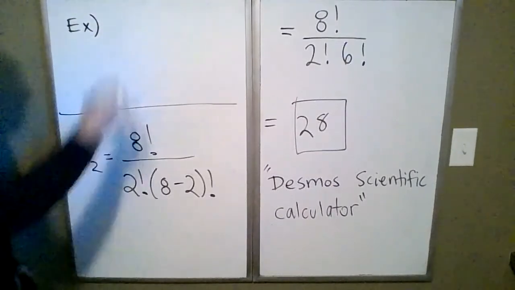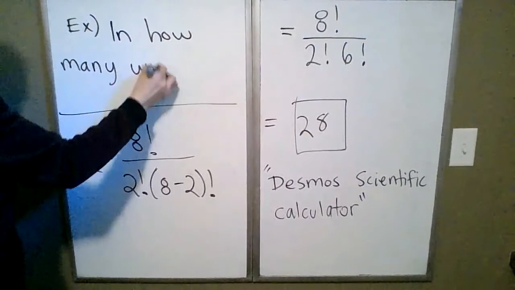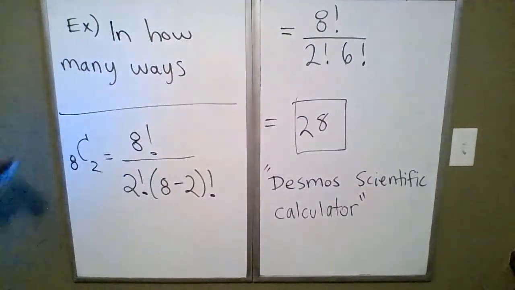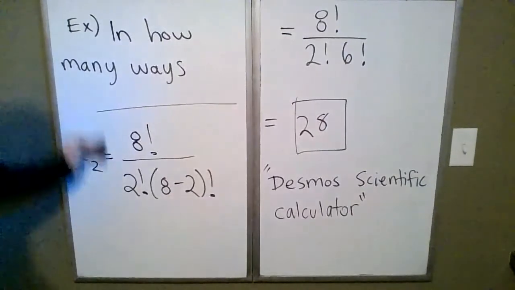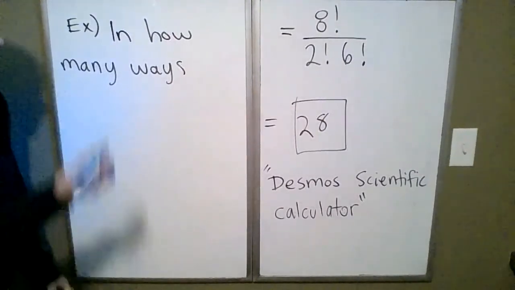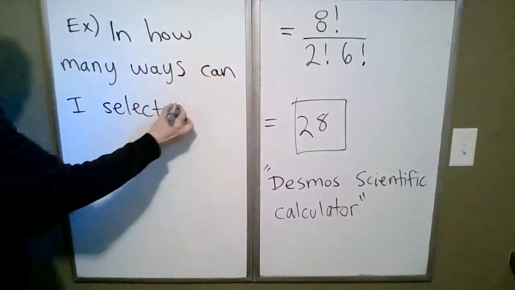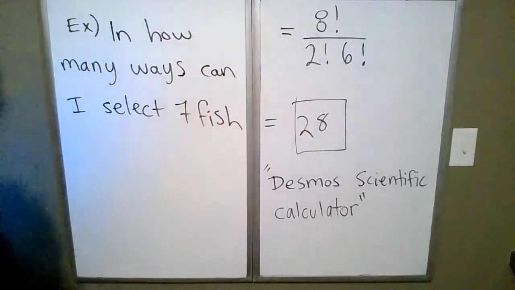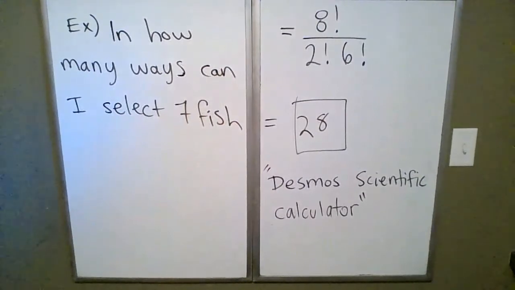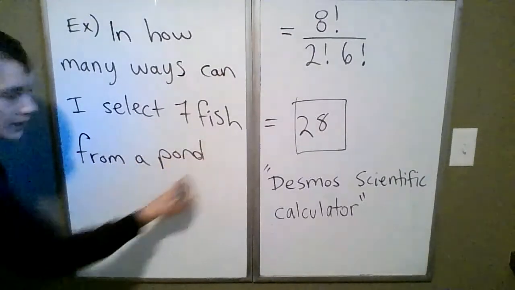In how many ways can I select 7 fish? I'm taking these out of a pond that contains 30 fish.